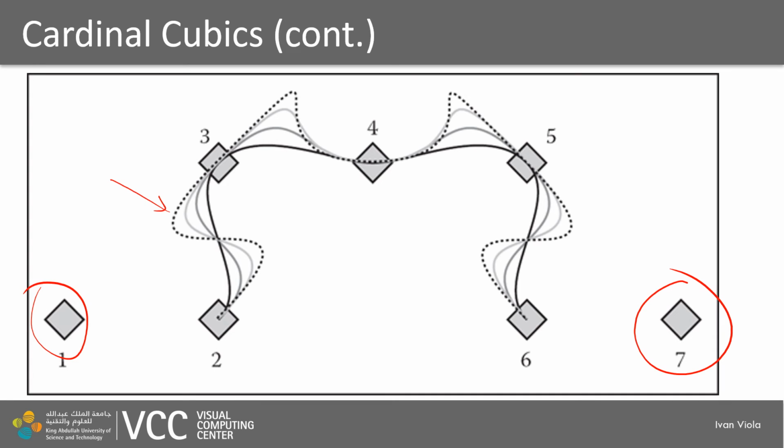We can see that the Catmull-Rom spline, which is this one, is the least tense and the most natural one, although in some cases it might also suffer from overshooting artifacts.